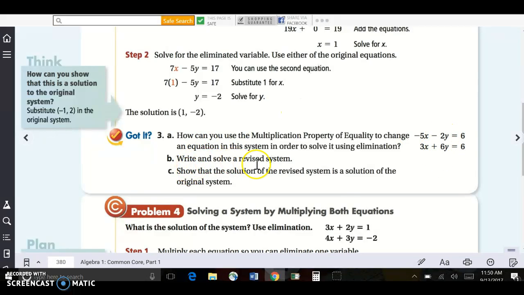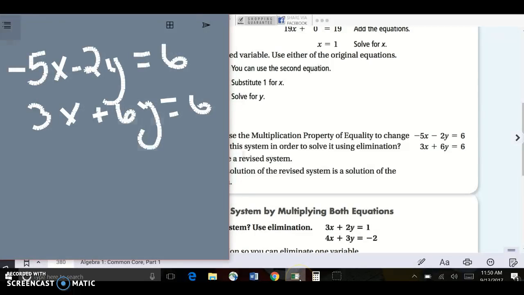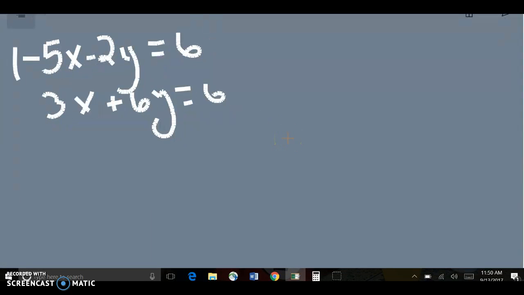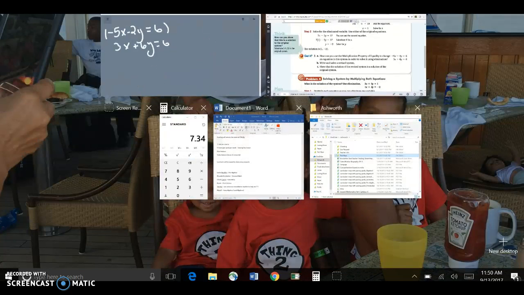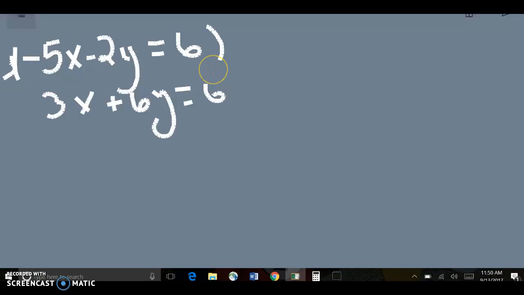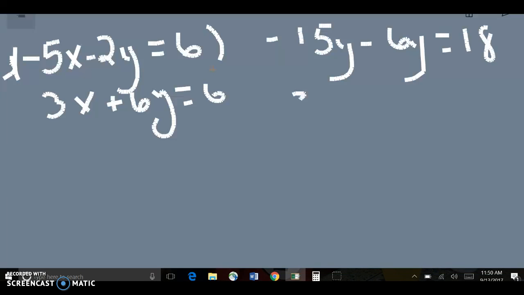So it says write and solve the revised system. So I'm going to do that now. I'm going to multiply this by 3, everything by 3. And I get negative 15x minus 6y equals 18. And I'm going to leave everything here the same.